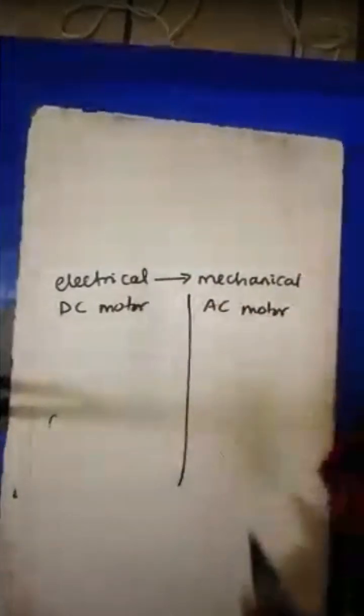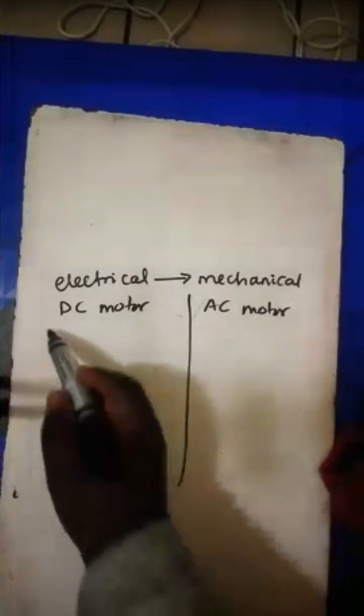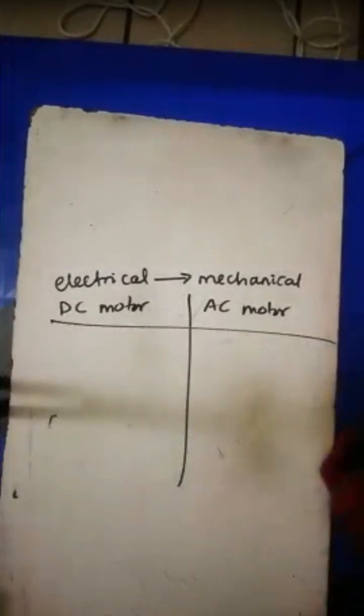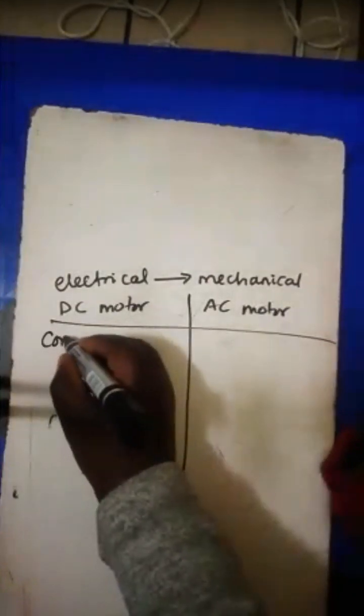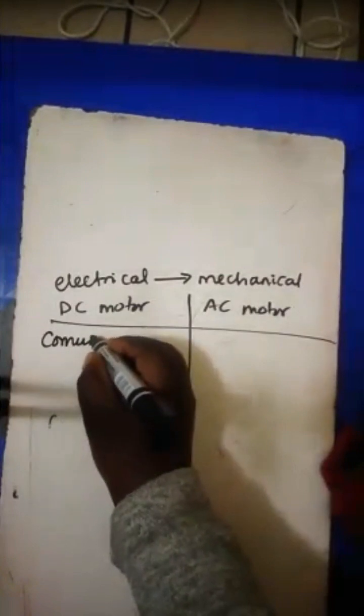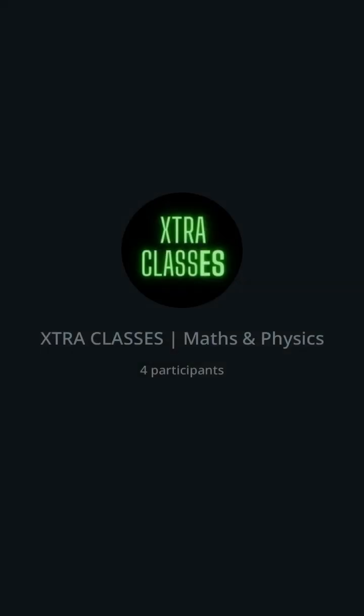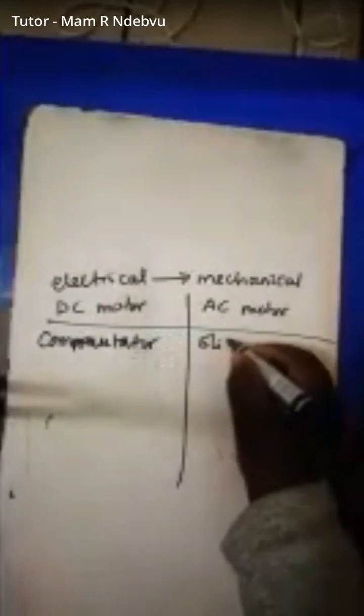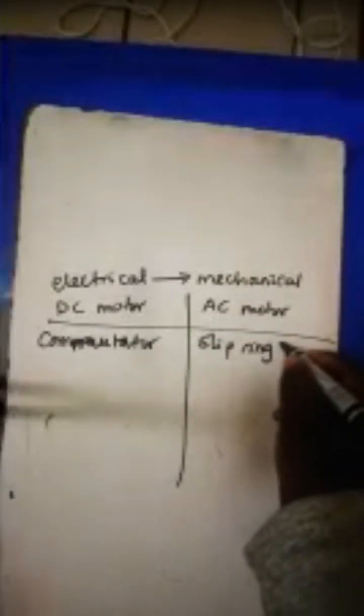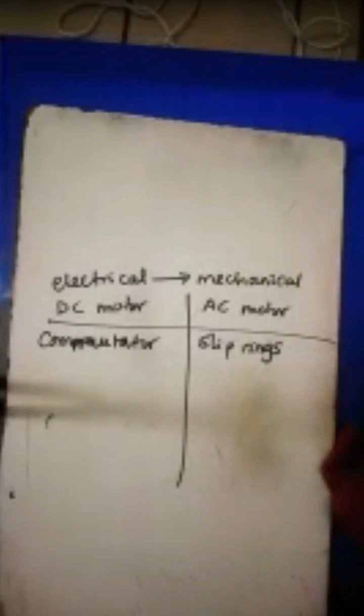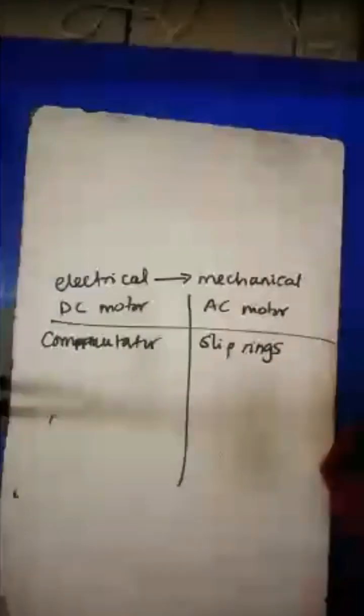The first common difference which you must understand is that a DC motor has a commutator, or you can call it a split ring. Then the AC motor has slip rings.